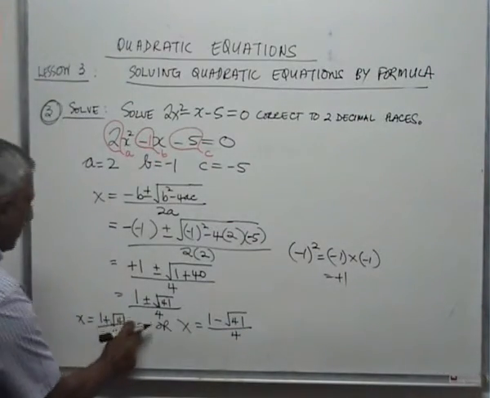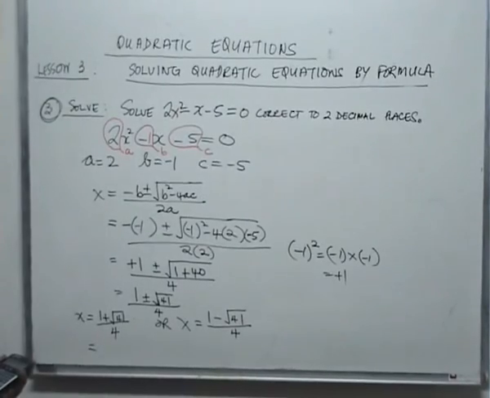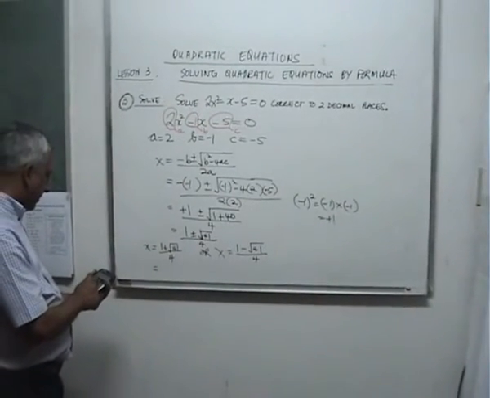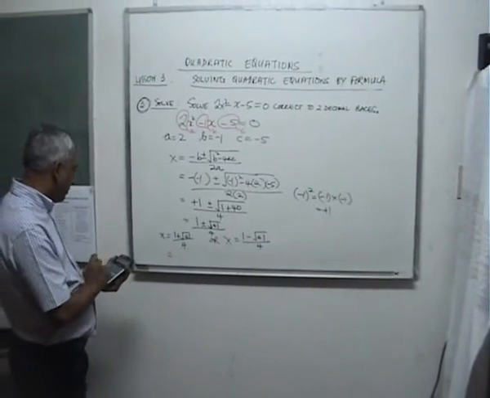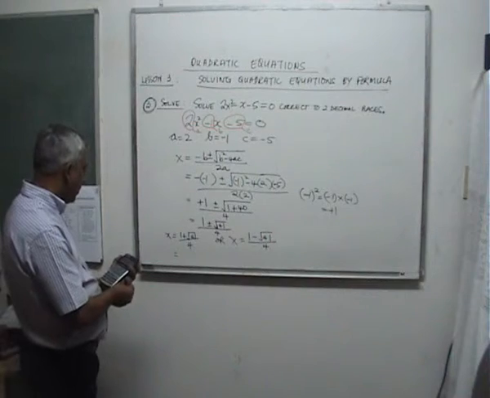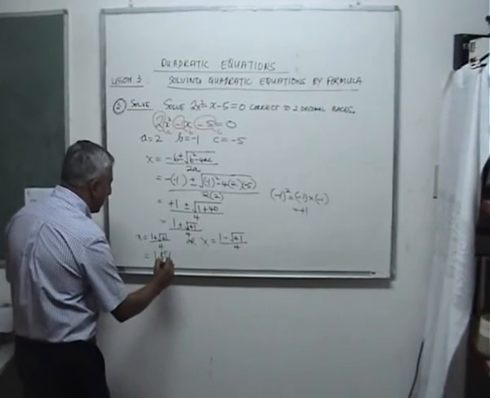Now you put this into your calculator. And remember the question says correct to 2 decimal places. So it is 1 plus the square root of 41, divided by 4, and the final answer is 1,850.